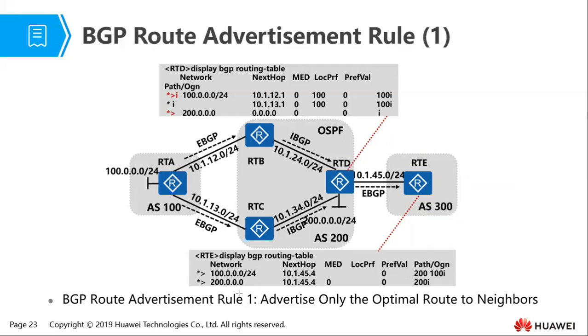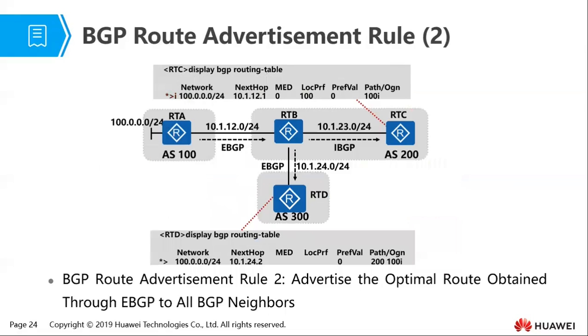So in rule number 1, only the optimal route is advertised to the neighbors. Now let's look at rule number 2. Advertise the optimal route obtained through EBGP to all BGP neighbors.